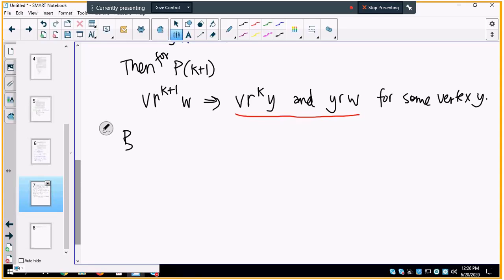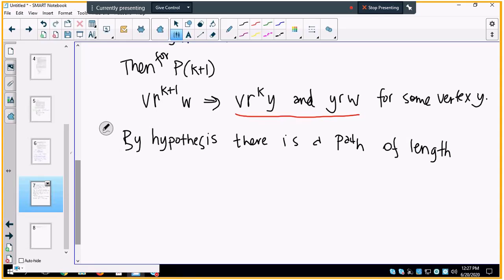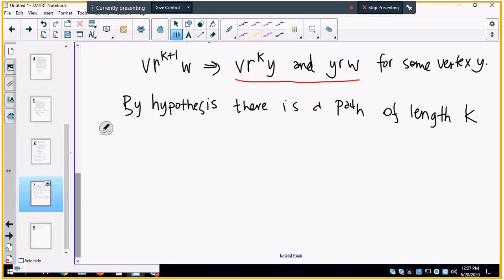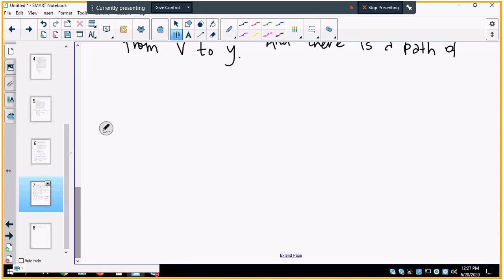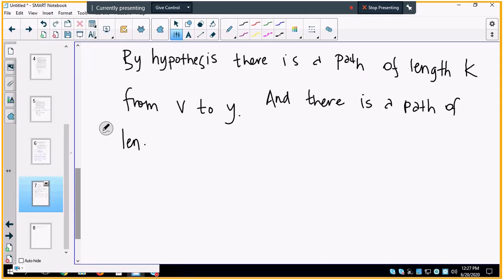So by hypothesis, then, because we assumed that our proposition is true for k, there is a path of length k from V to Y, and there is a path of length 1, or an edge, from Y to W. That's not by hypothesis, that's just by definition.